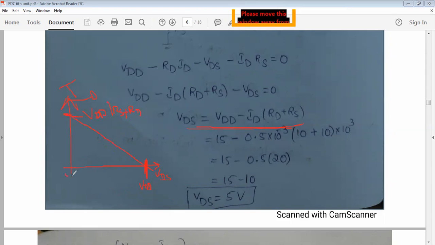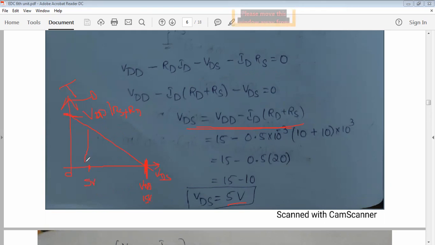Okay. Now this is the DC load line. Now indicate the output Q point. VDS is equal to 5 volts. This is VDD 15 volt. So 5 volts approximately, this is 5 volt.